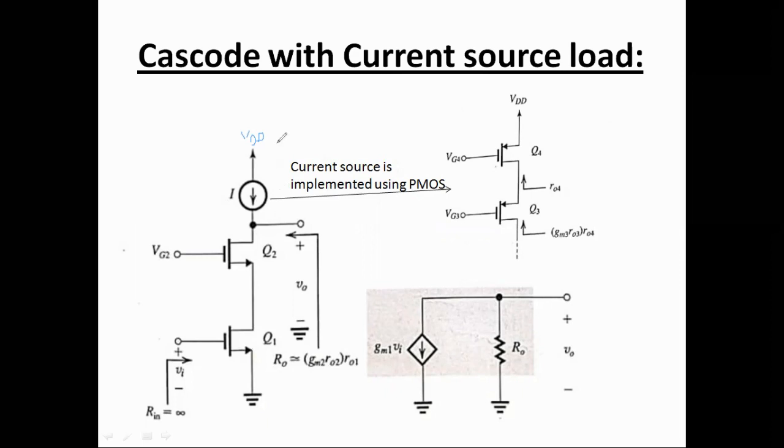There should be two transistors above it also, so Q3 and Q4 are used. The same concept used in the previous slide applies. The output resistance of Q4 is R04. Looking at the drain of Q3, the output resistance equals the intrinsic gain of Q3, gm3 R03, times R04. Got it?